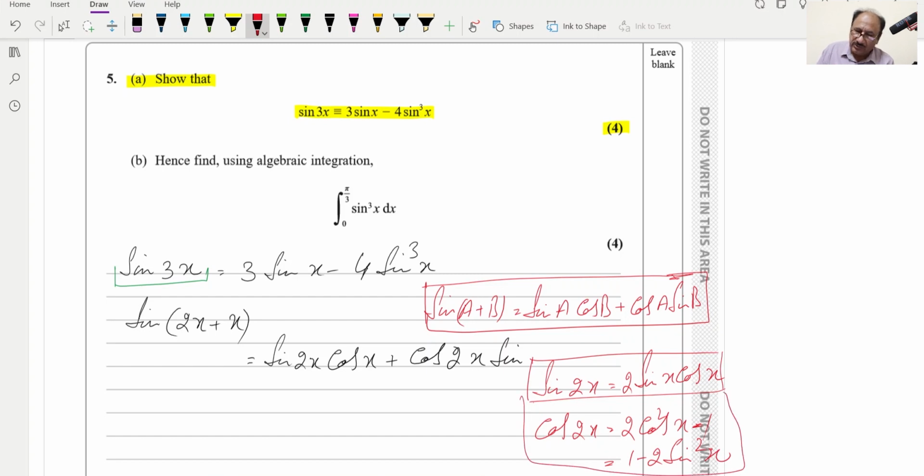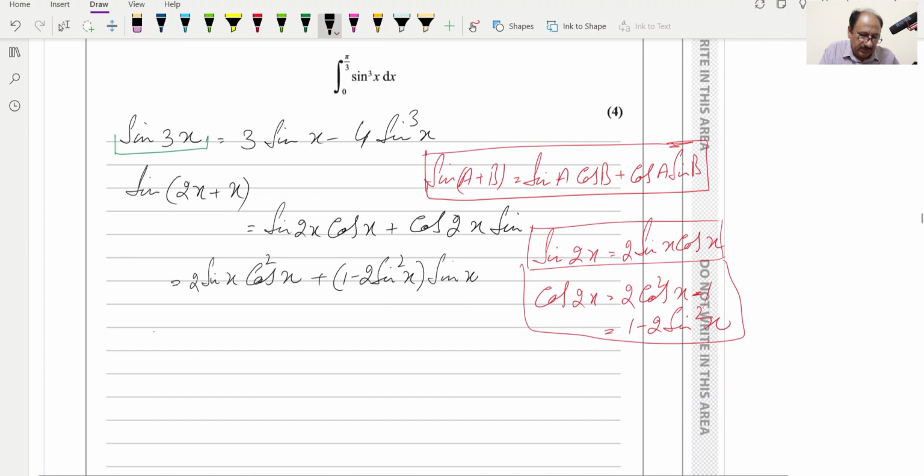So these results also we will be using in this equation, and we can rewrite this equation as sine 2x will be 2 sine x and cos x, and cos x is already there, so it will be cos square x, plus cos of 2x, we can write as 1 minus 2 sine square x into sine x. Now we can open this bracket and this will be 2 sine x cos square x, and if we multiply this will be plus sine x and minus 2 sine cube x.